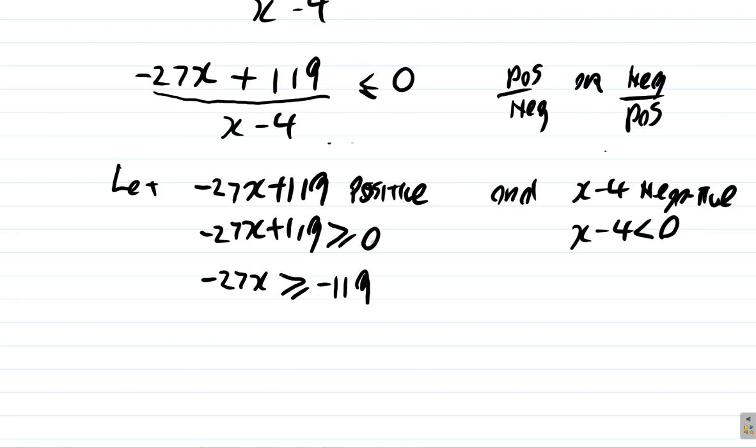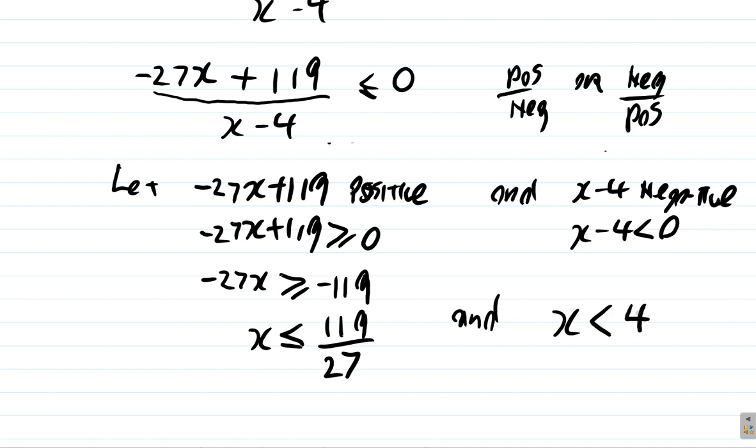We subtract 119 from both sides. And then we divide by negative 27. So x is less than or equal to 119 over 27. Alright? And here x will be less than 4. So that's one case.